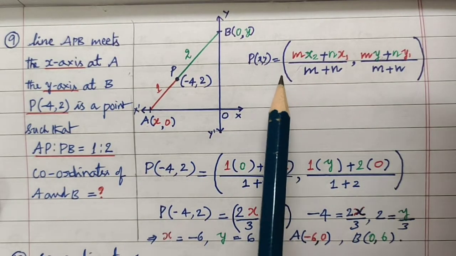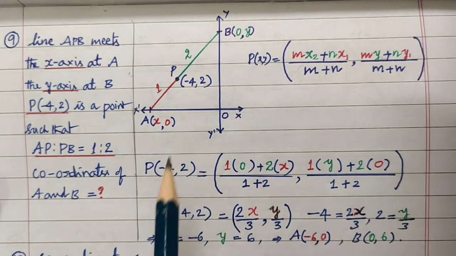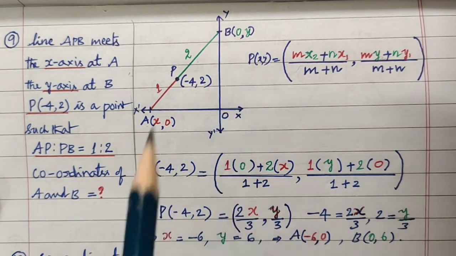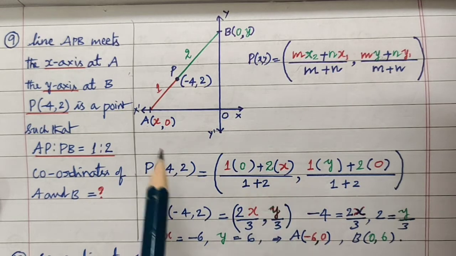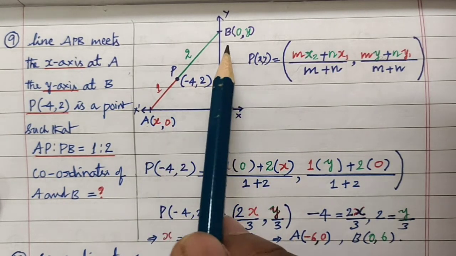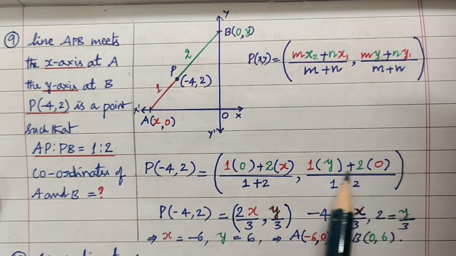Substitute the values here. P is (-4, 2), then m is 1, x2 is 0, n is 2, x1 is x, divided by 1 plus 2. And m is 1 into y2, that is y, plus n into y1 divided by 1 plus 2.